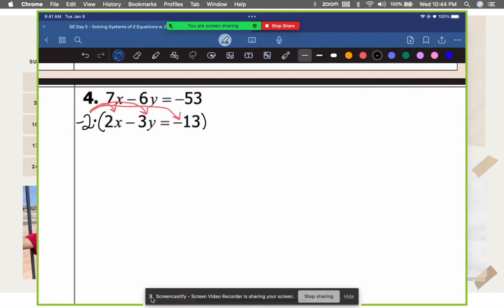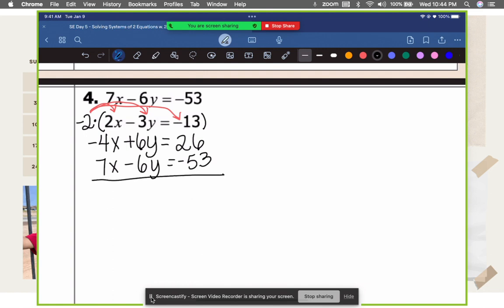I'm going to get negative 4x, positive 6y, and a positive 26. Then again, I'm going to rewrite my first equation, make sure everything lines up the way I want it to. Negative 53. And then I'm going to, of course, add down like I need it to.